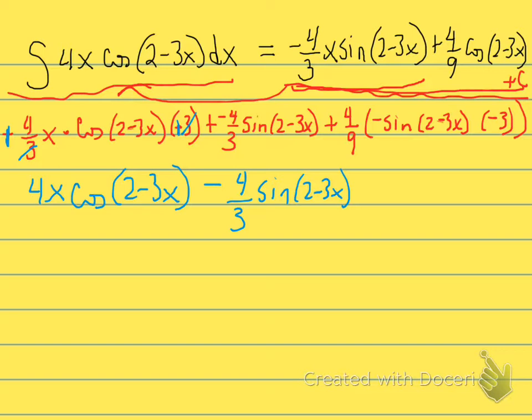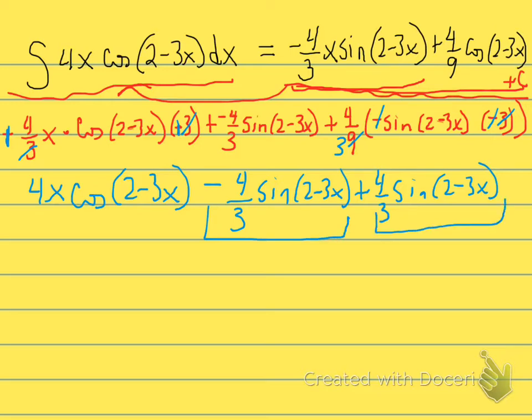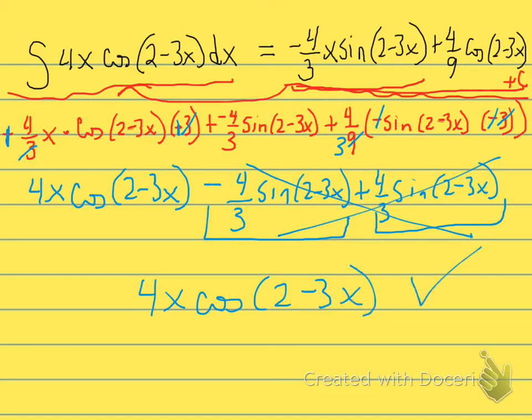And then this negative and that negative will make a positive. That 3 will make this a 3. So I have plus 4/3 sine of 2 minus 3x. These are opposites, so they make 0. So I'm left with 4x cosine 2 minus 3x. Yay, checks, it worked.